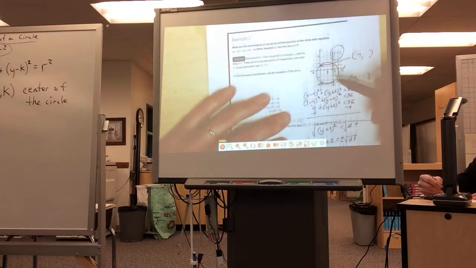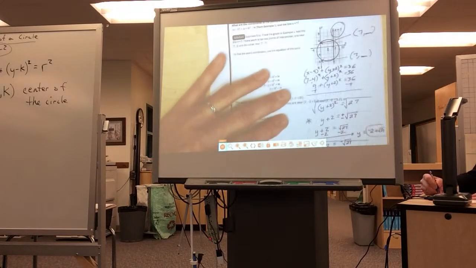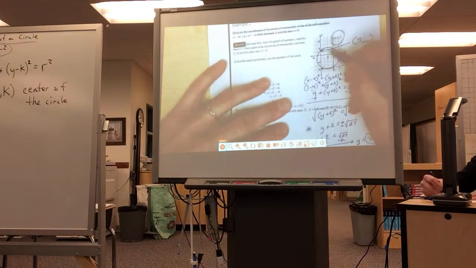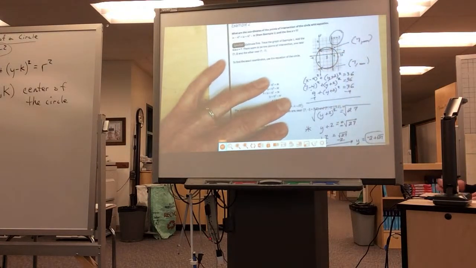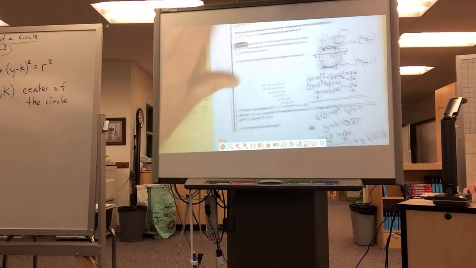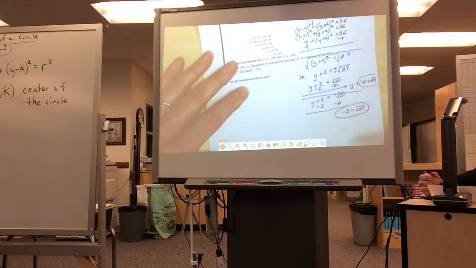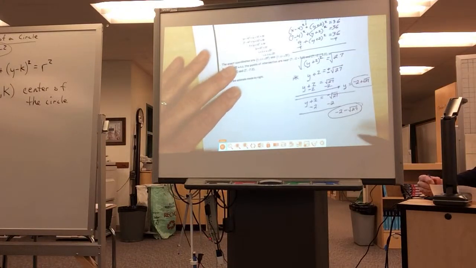Those are the places where x is 7 and y is either one of these two numbers. So up here is the positive number, and there's the negative number. So it gets a little complicated. It helps to keep everything nice and orderly, left to right, up and down.